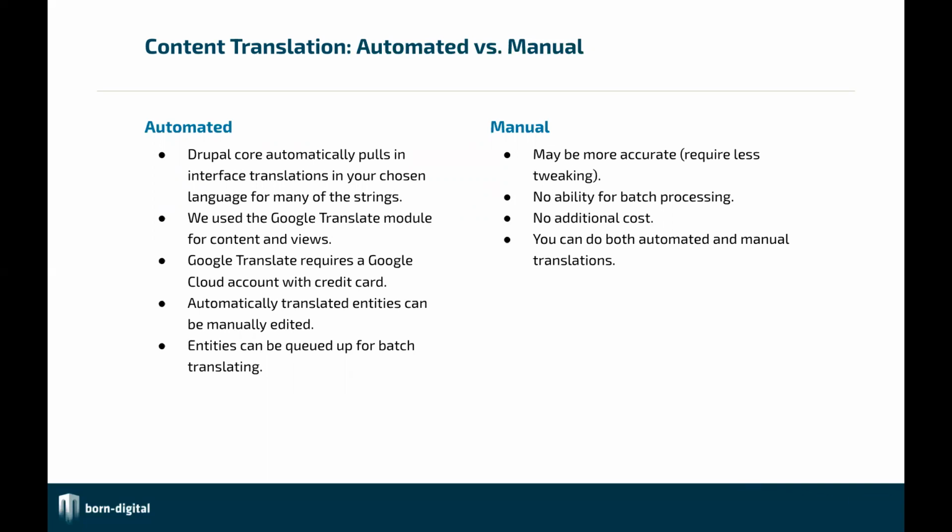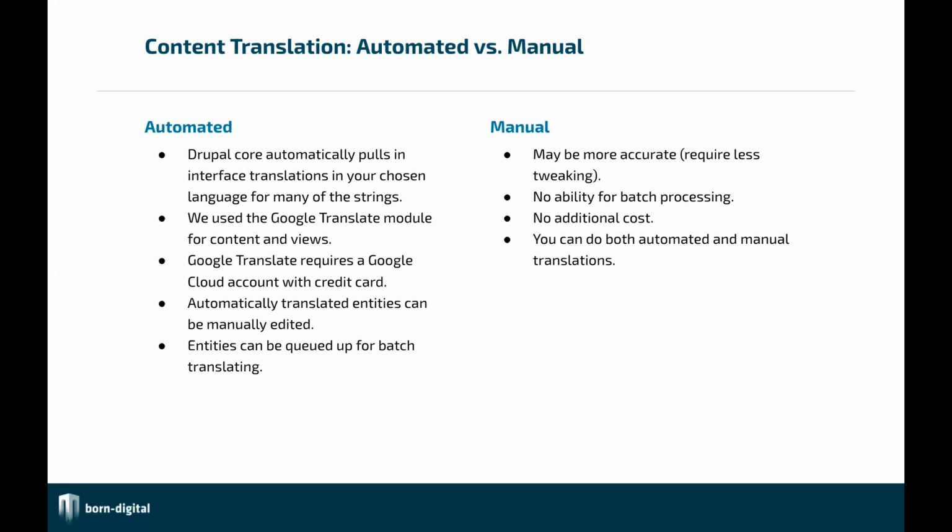It does require a Google Cloud account, and you have to put in credit card information, even though we haven't actually found that we've exceeded the limit of allowed translations. But that's just something to be aware of. You have to put your account information in there, and they will tell you if you've reached the limit, and they're going to charge you.